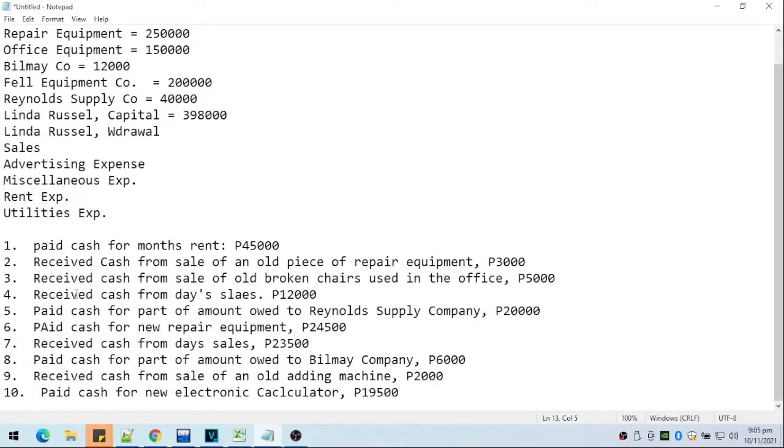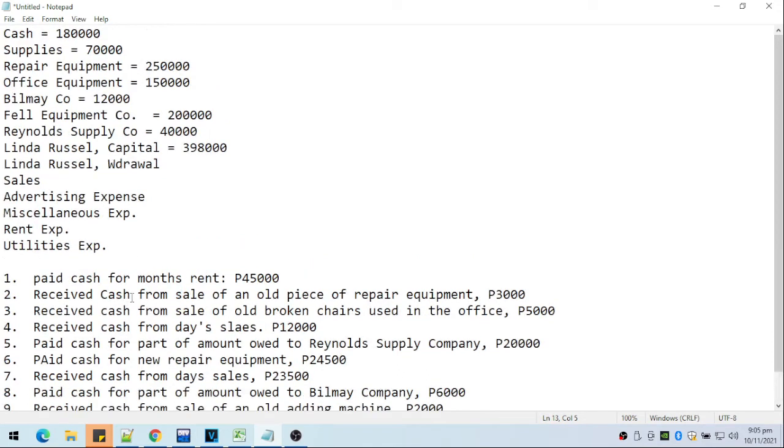For transaction number 2, receive cash from sale of an old piece of repair equipment amounting to 3,000. We receive cash, so what are the accounts affected by this transaction? We have cash and repair equipment. Both are assets.